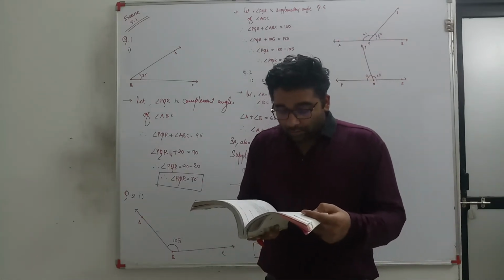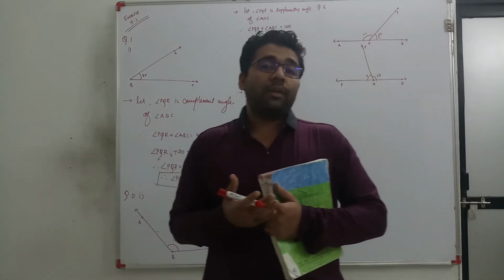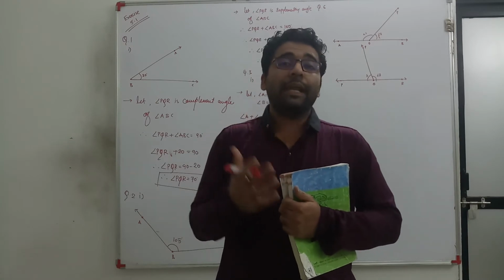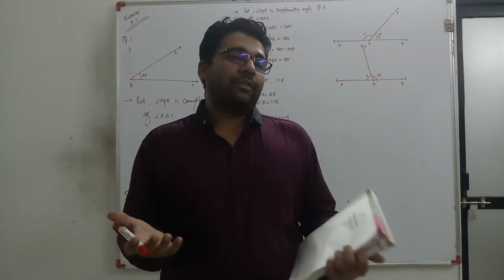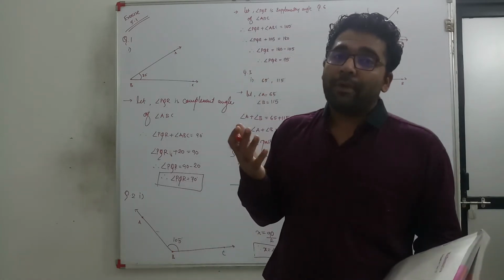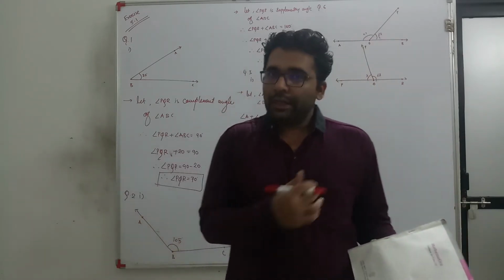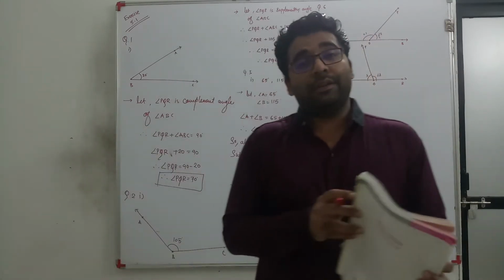Second, both of them are obtuse. Now again, both of them are greater than 90. Obviously when I add something like 91 and 91, I get 182. So if both of them are obtuse, I also do not get supplementary angles. And next, both of them are right angles.